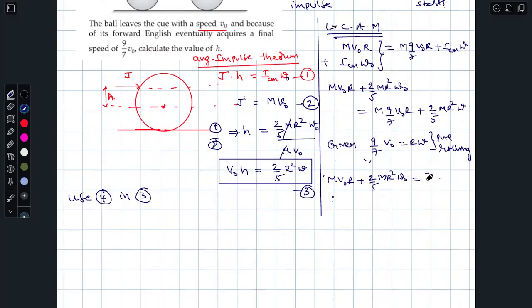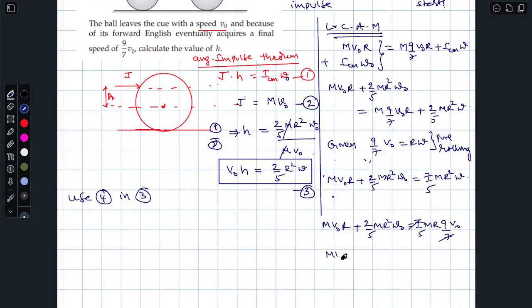This is 7 by 5 times m r square omega. Hold on, no issues. So m v naught r plus 2 by 5 m r square omega naught is 7 by 5 m r times r omega, which is 9 by 7 v naught. Here we went wrong.